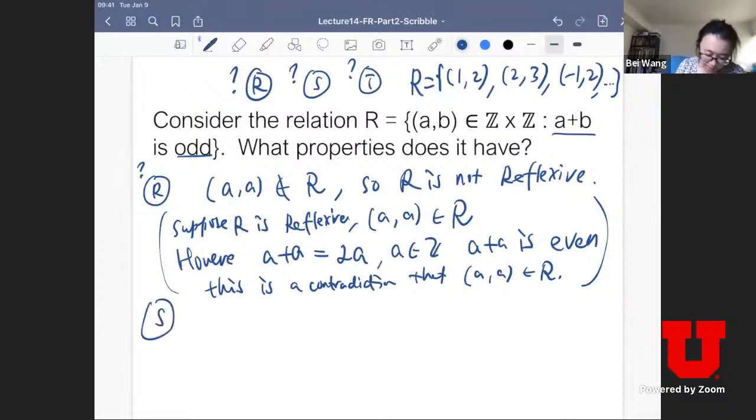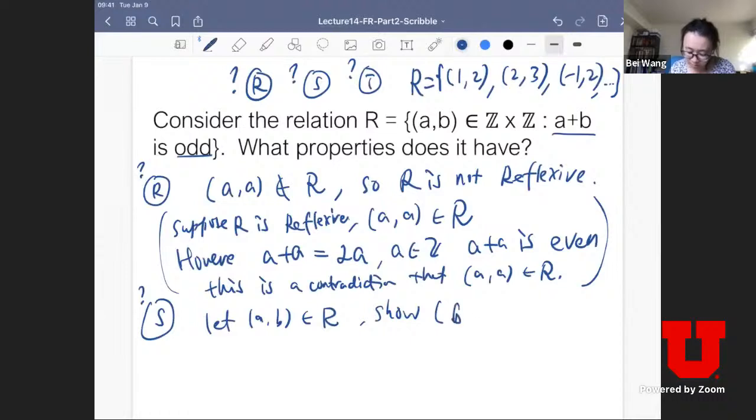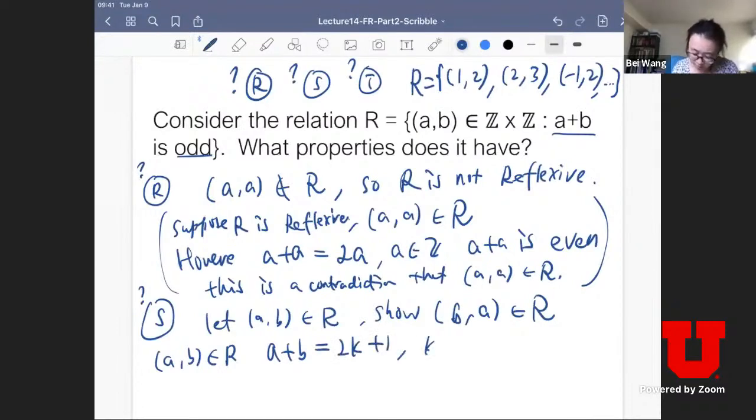Now, is this symmetric? Okay, so if we start with (A, B) in the relation, we want to show that (B, A) is also in this relation. Because (A, B) is in this relation, that means A plus B is odd, which means it's equal to 2k plus 1 for some integer k.